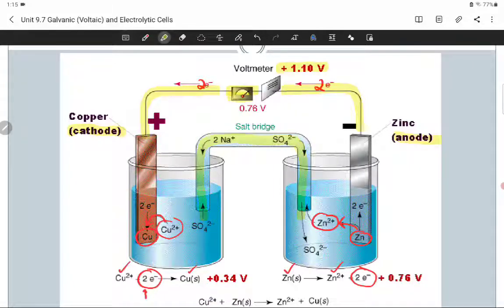And the salt bridge is going to be composed of ions that, one, do not have any impact on the chemical reaction, meaning that they won't react with copper metal, copper ions, zinc metal, or zinc ions. And so things that are typically spectator ions are terrific for that.